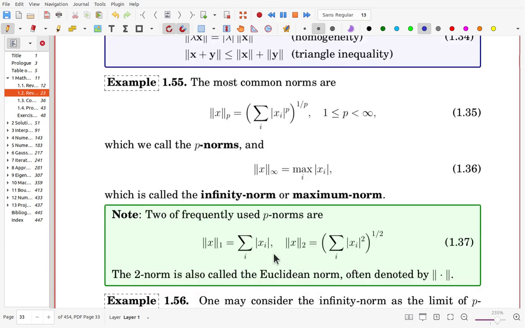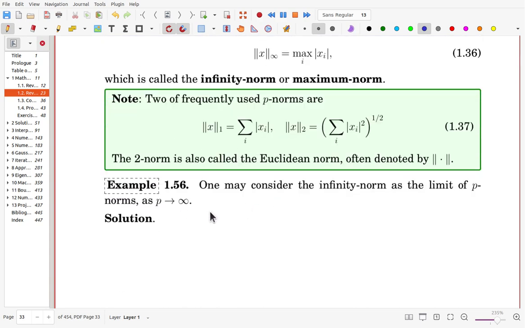One norm is the summation of absolute values, and two norm is to square the values, sum them, and then take the square root. The two norm is also called the Euclidean norm, and we often use just the double bar, ignoring the subscript. Once it is ignored, then the default is the two norm.